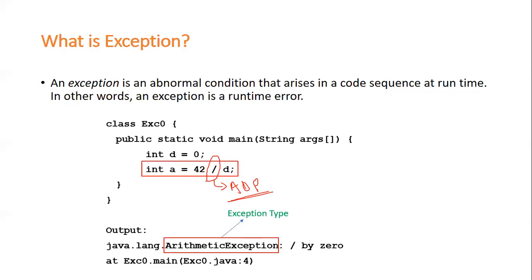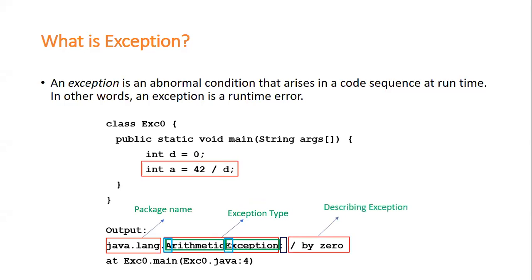Next, you see that java.lang is the name of the package. A and E must be in uppercase because arithmetic is one word and exception is the second word, and the name of the class, ArithmeticException, must start each word in uppercase. Followed by a colon, I have division by zero.